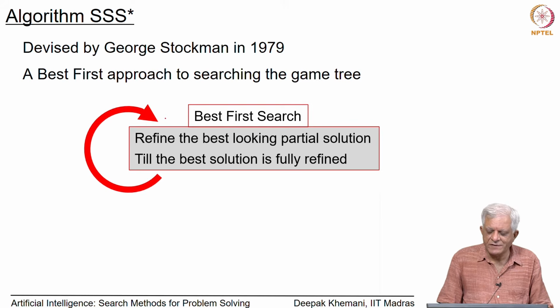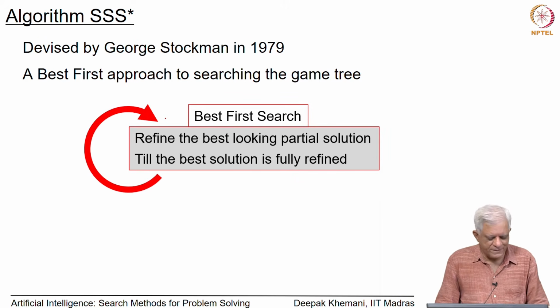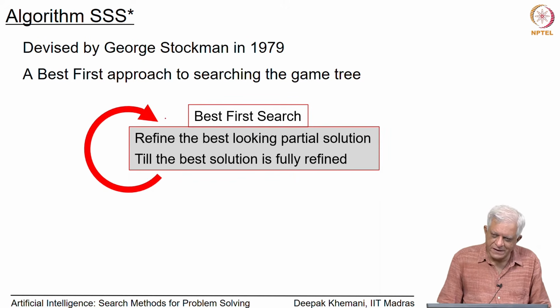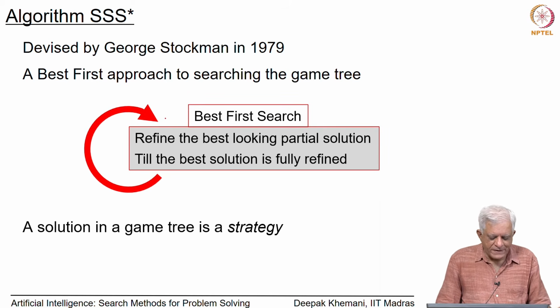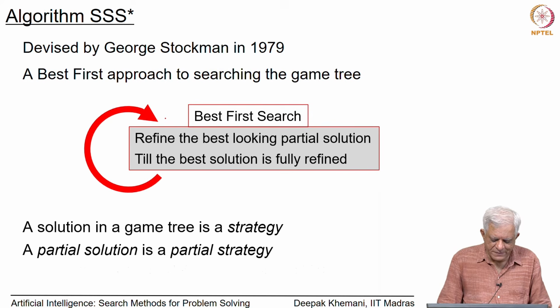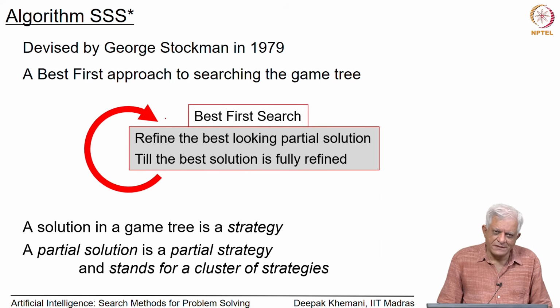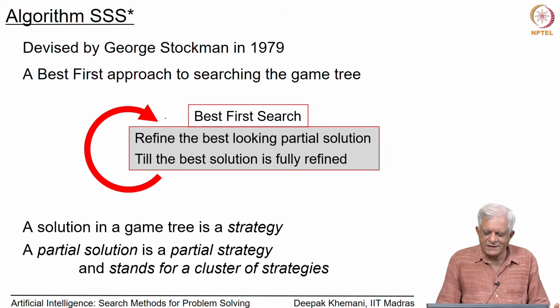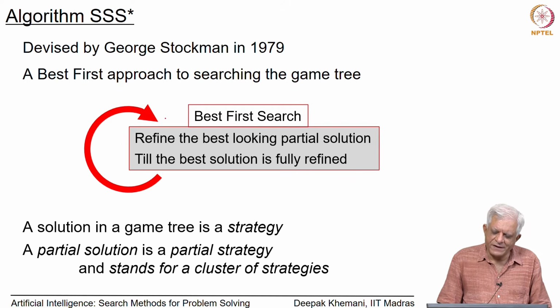This is a theme that we have been following in many algorithms that we have studied essentially. In the case of games, a solution in a game tree is a strategy, and a partial solution is a partial strategy, which means that if you only specified some leaves in a strategy, then it is a partial strategy, and every partial strategy stands for a cluster of strategies, because the other leaves can be filled in some different ways.